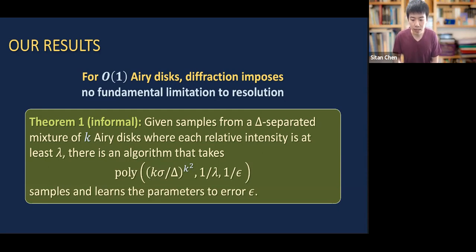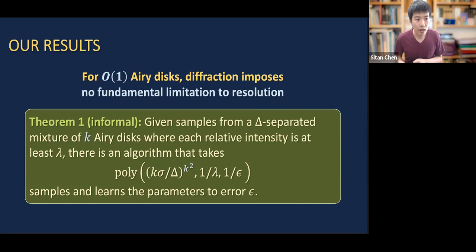Okay, so the main point is that this is unfortunately exponential in k, but as long as k is O(1), we're fine. This is going to be a polynomial time algorithm with polynomial sample complexity. So that was the analog to the first flavor of mixture model learning results. Namely, when I have a bounded number of components in my mixture, I can learn in polynomial time, regardless of the level of separation.